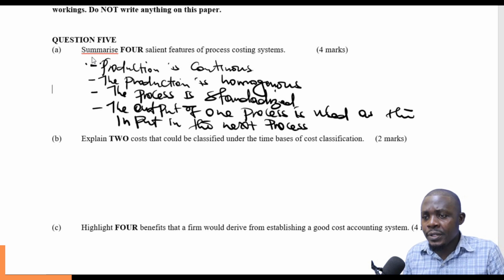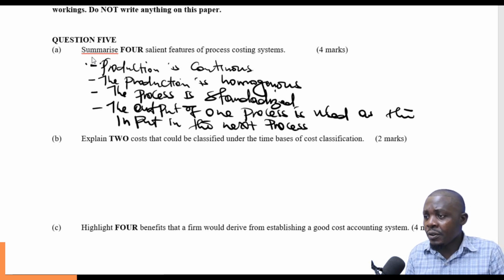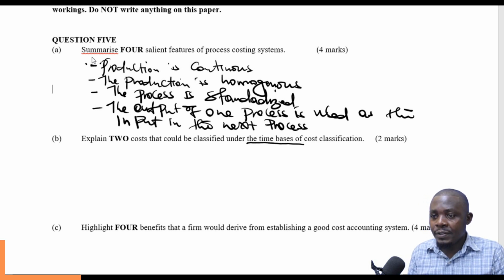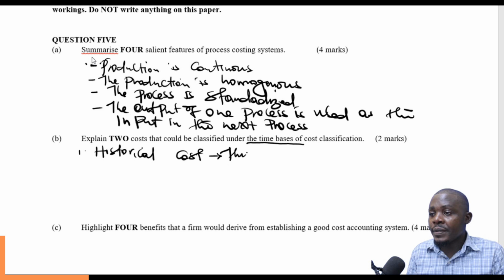Then we are told to explain 2 costs that could be classified under the time basis of cost classifications. We have various classifications of cost, but now we look under the time basis of cost classification. Number 1, we can talk of historical cost. What is this cost?